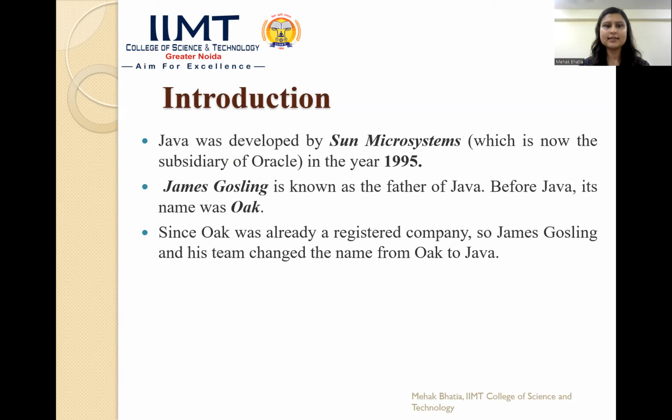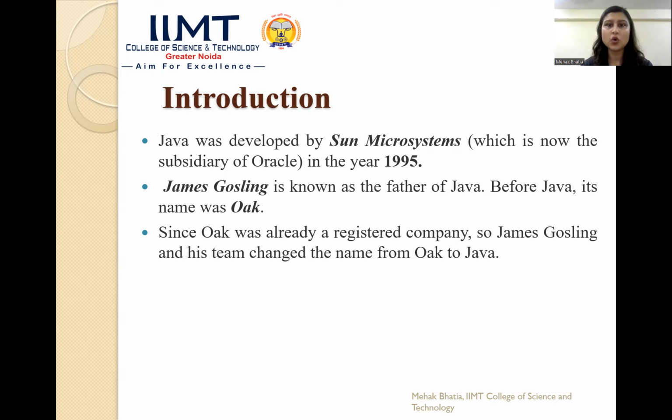Now let us see a brief history about how and when Java was developed. Java was developed by Sun Microsystems, which is now a subsidiary of Oracle, in the year 1995, and we have been using Java since then. James Gosling is also known as the father of Java. Before Java, the name of the programming language was Oak.